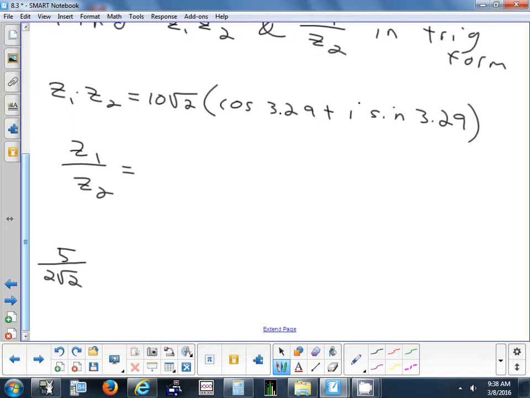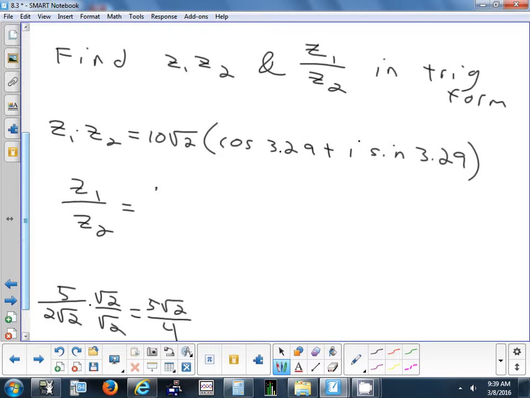Square root is fine. Yeah, we don't want to leave the square root on the bottom, so we'll fix it. You just need to multiply by the root 2, not the 2. So that's going to give me 5 root 2 in the top. What's root 2 times root 2? 2 times another 2, 4. That's my radius. 5 root 2 over 4.